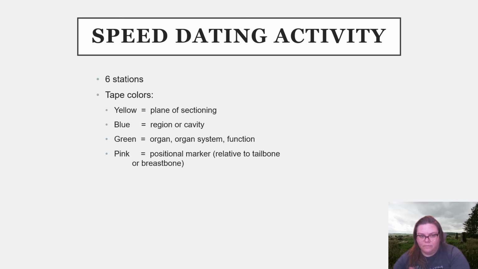Green is the organ system and function, and pink is the positional marker relative to the tailbone or breastbone. So say if it's inferior, superior, dorsal, plantar, palmar, that kind of stuff. So that's what you need to do next.